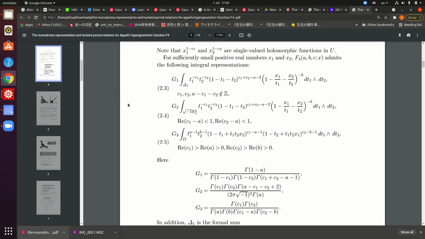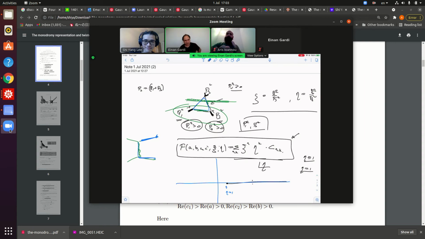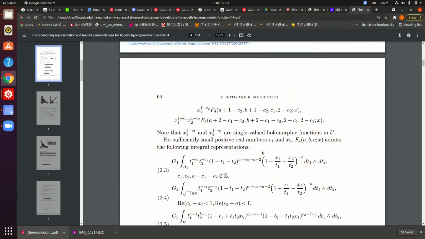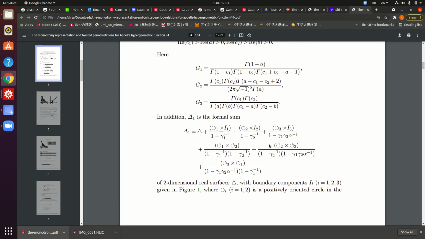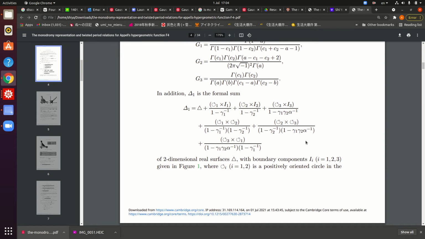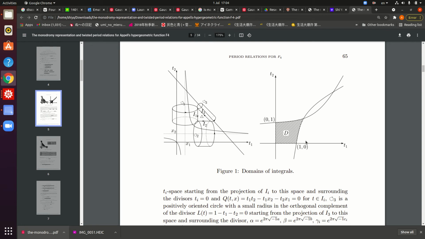Yes. So delta 1 is explained. I never managed to fully follow that, I remember. If you look at page 64, you see delta 1 is written as delta plus various funny looking circles. The delta in figure 1 is the inside of the triangle that is drawn between I1, I2, and I3.